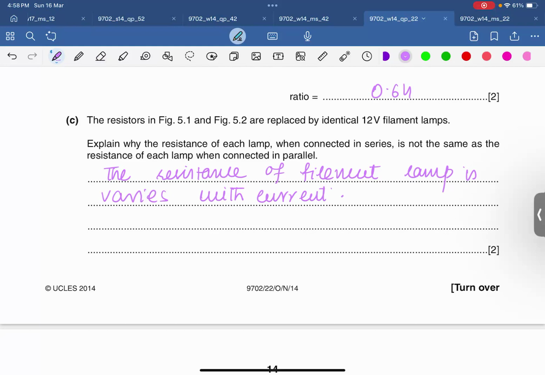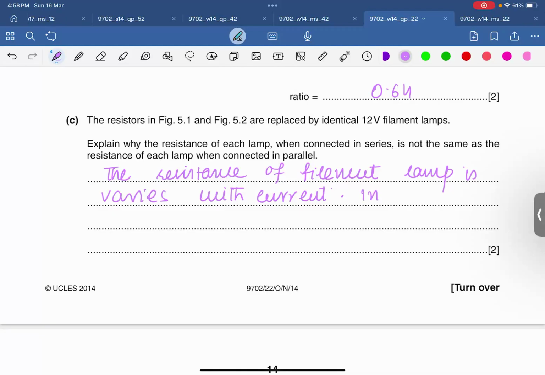So now, if you consider the series circuit, in a series circuit you'll have the lesser current. So lesser current means lesser heating effect, so it will end up giving you lesser resistance.